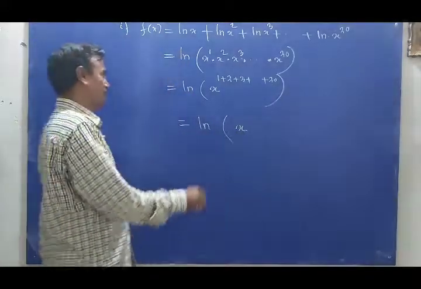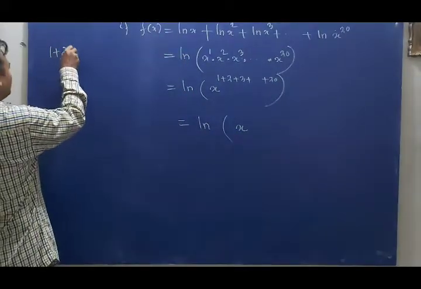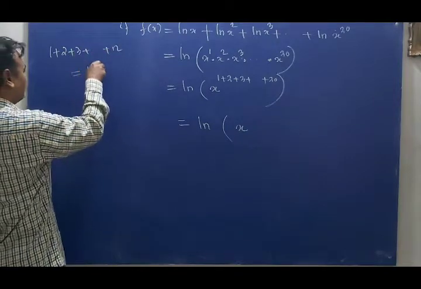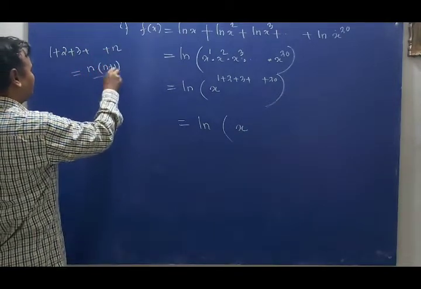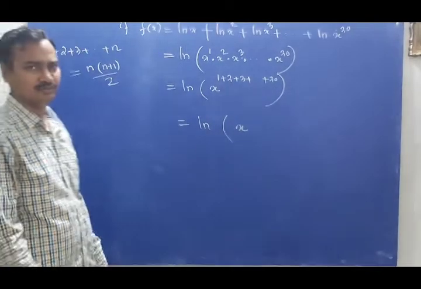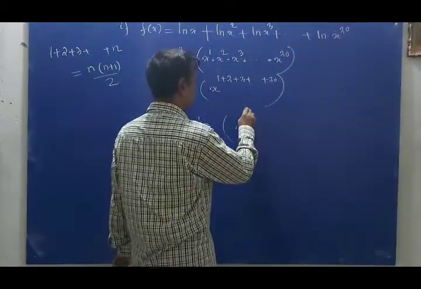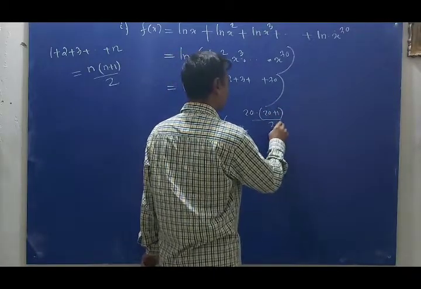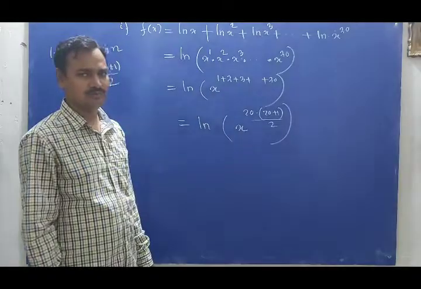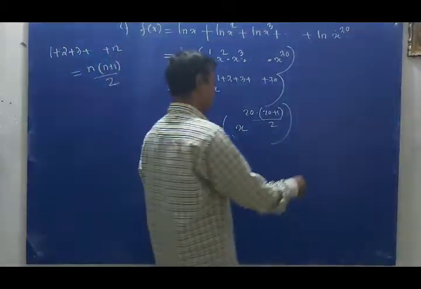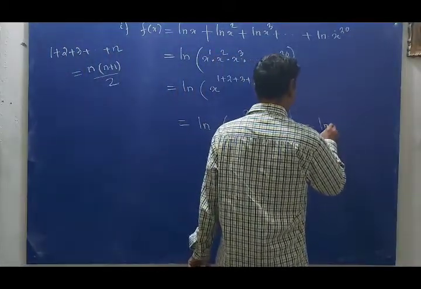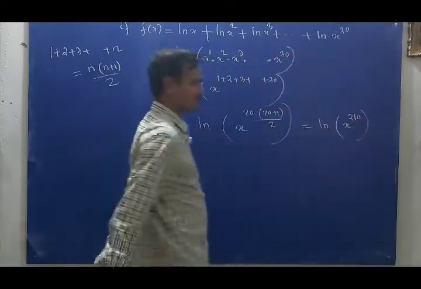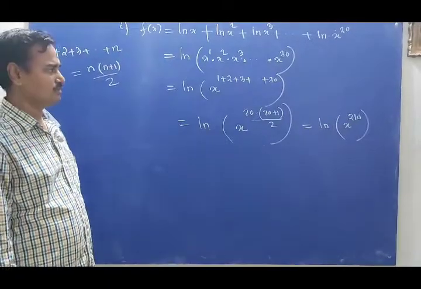It is n into n plus 1 by 2. So 20 into 20 plus 1 by 2 is 210, and we get ln of x to the power 210.